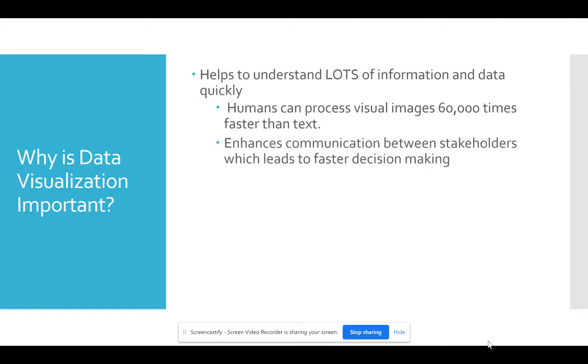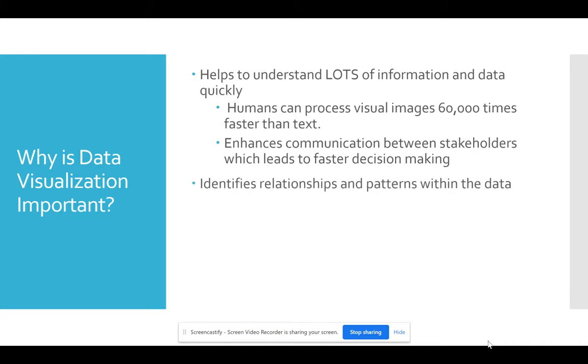It enhances communications between your stakeholders, which leads to faster decision making. If you're presenting this to a particular board that are ultimately going to make a decision for you, the data visualization is going to be a lot more useful and help them to see it a lot quicker.